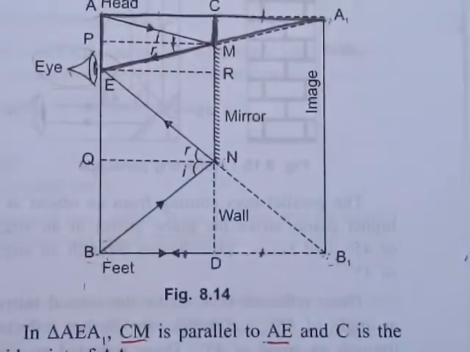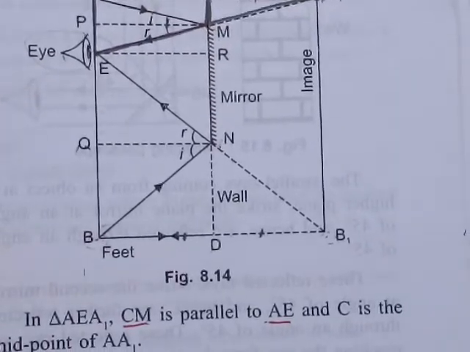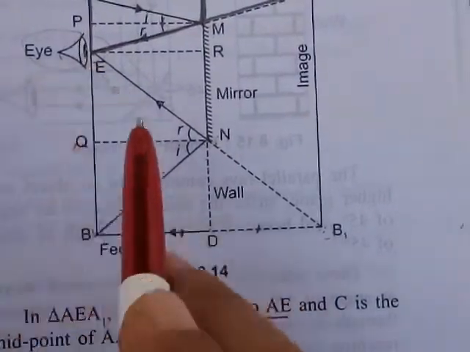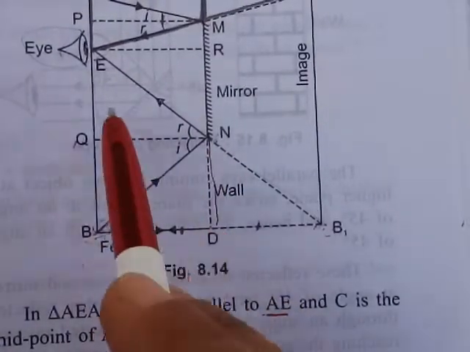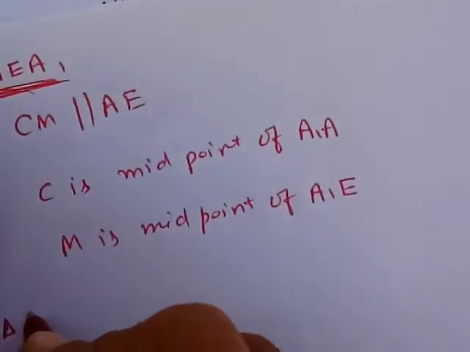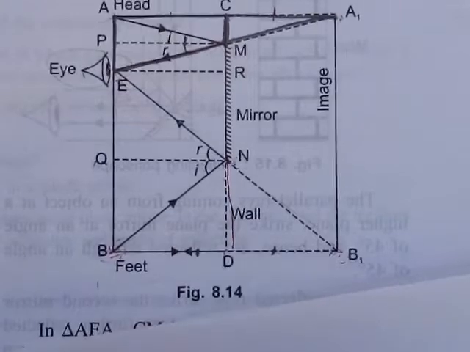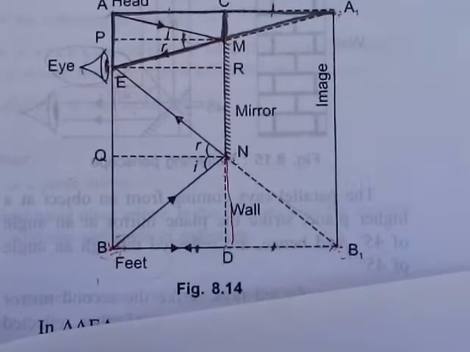Now similarly in triangle BEB1, ND is parallel to BE.